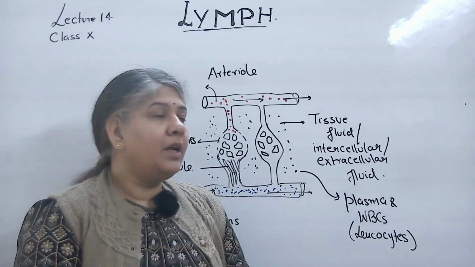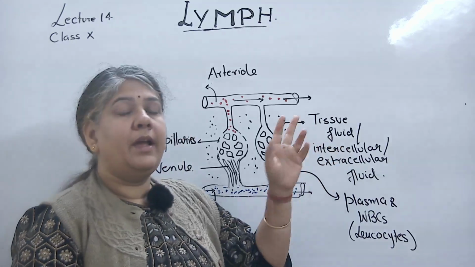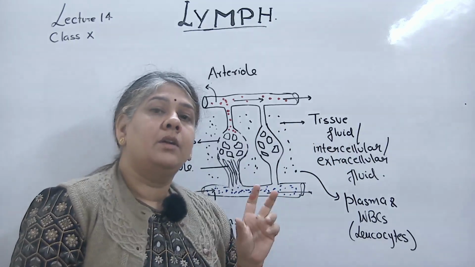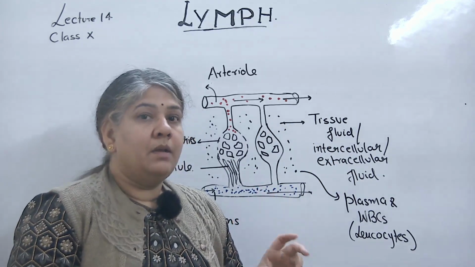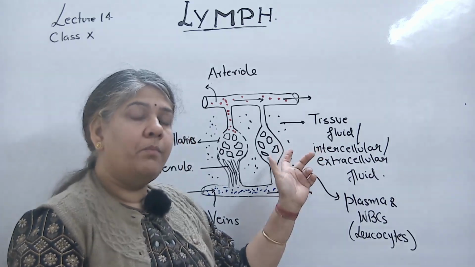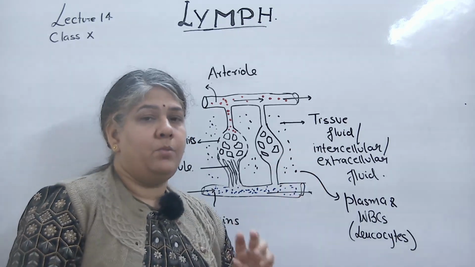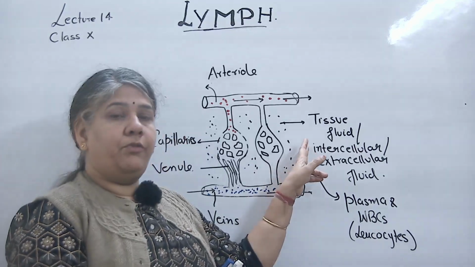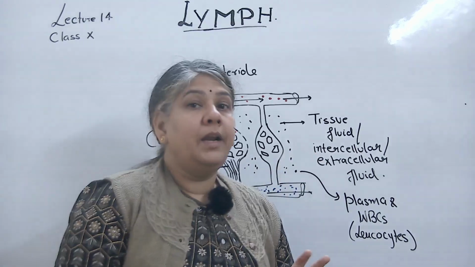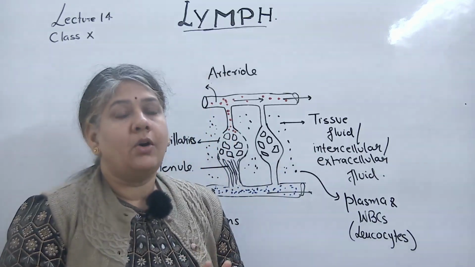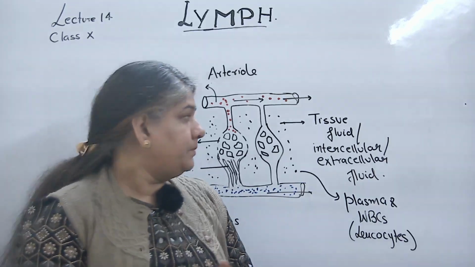So you must be very clear that tissue fluid and lymph are different, depending upon the location. If it is present in body spaces, we say it is tissue fluid. When this fluid enters the lymph vessels, now it is called lymph.